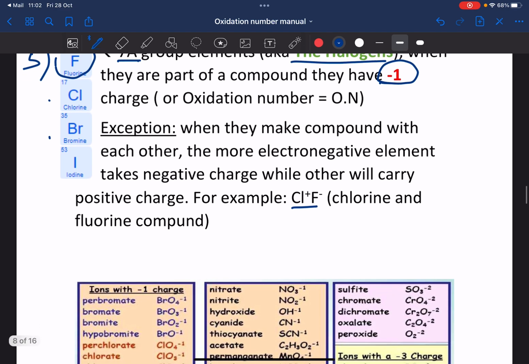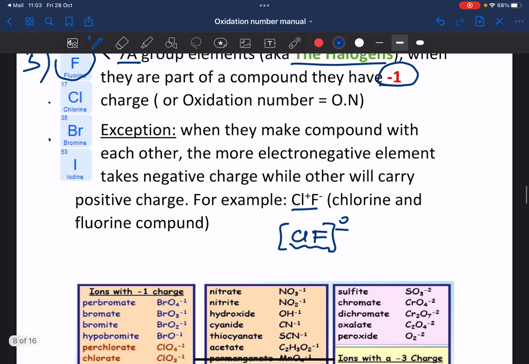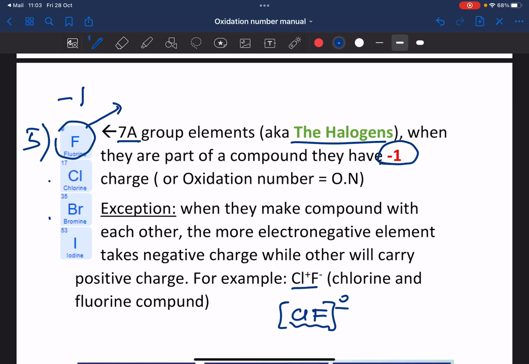So if you have a chlorine fluorine compound over here, we know that there's no charge given on the top right corner, so it is zero. So this whole thing adds up to zero. We know that fluorine 100% of the time is negative.